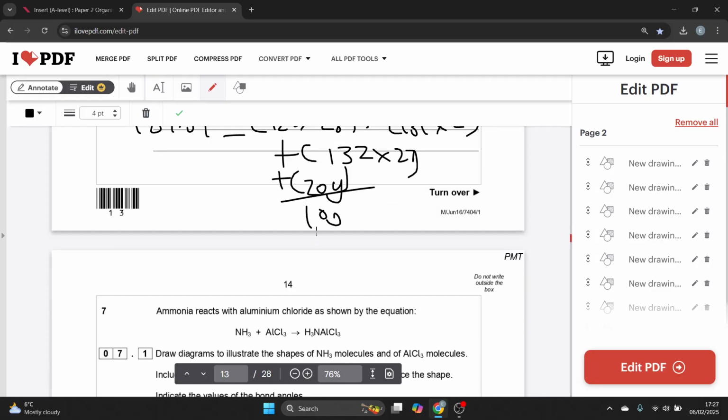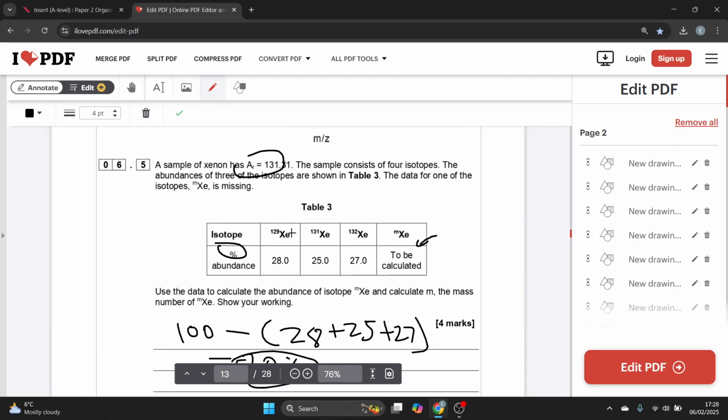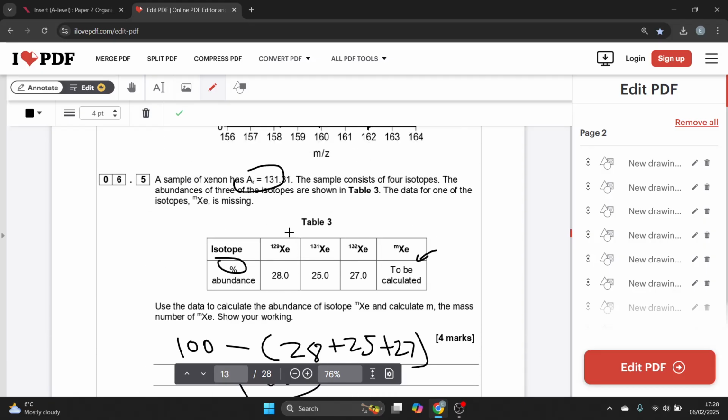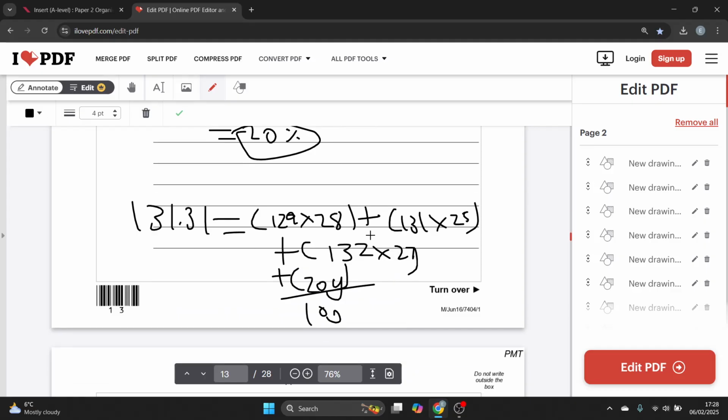Rearrange it and you get y, and then that's really it. And you should get mass number 134.